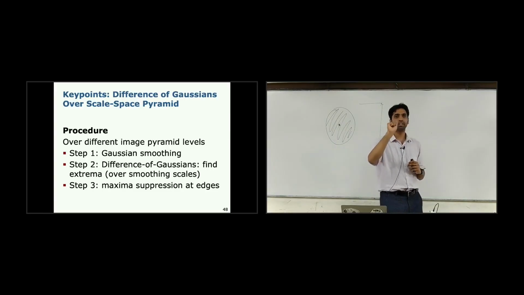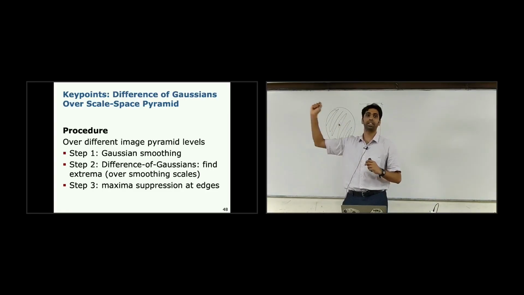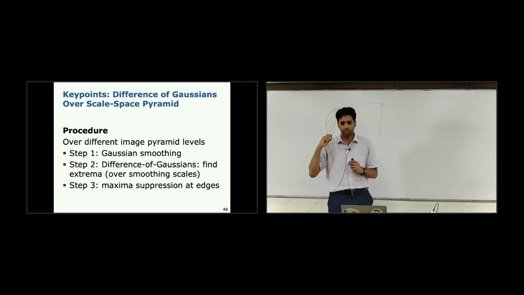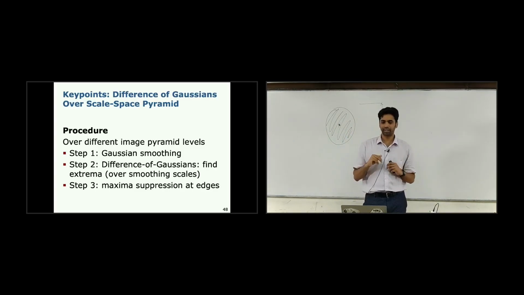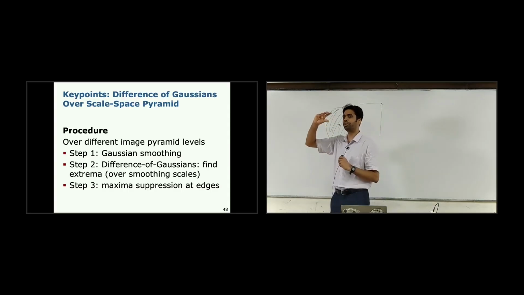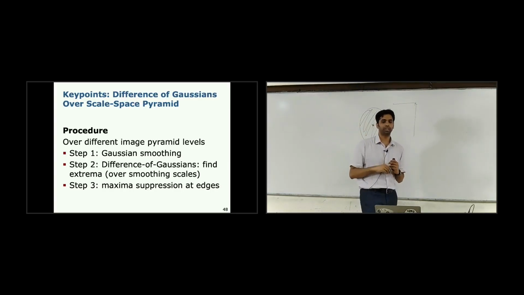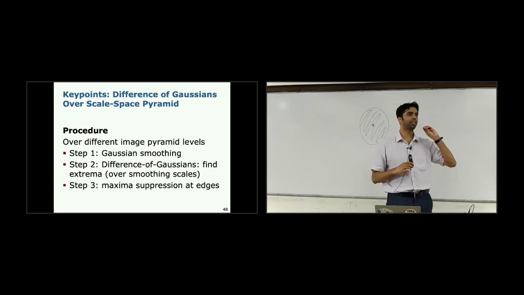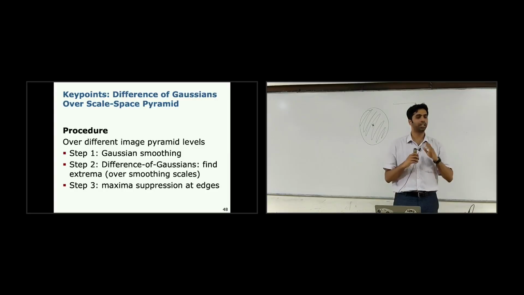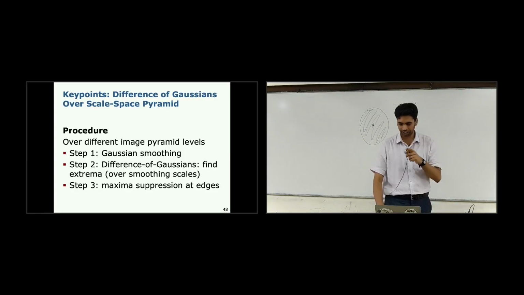So you blur the image a little bit, you blur the image a little bit more, and you blur the image a lot. Once you do this, that is step 1. The next step is you look at the difference between these blurred images. And we'll see that the difference between the blurred images will capture things like corners, edges, as well as blobs. And then you do some maxima suppression, which we'll see.